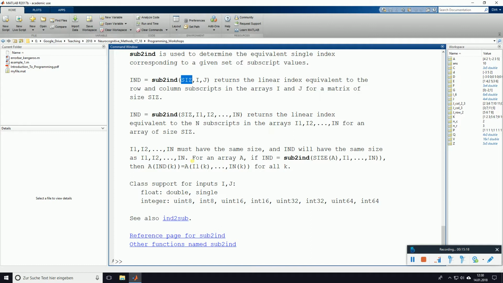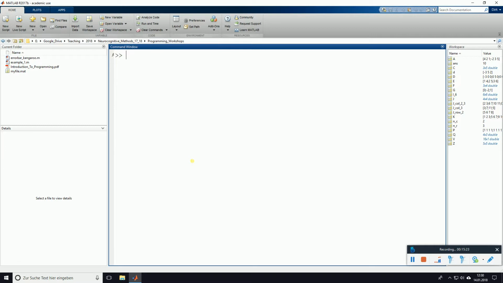Let's define two matrices, A and B. And of course, if you want to do element-wise operations, your matrices need to be of the same size so that each element in one matrix has a corresponding element in the other matrix. And then you can do things like multiplication.